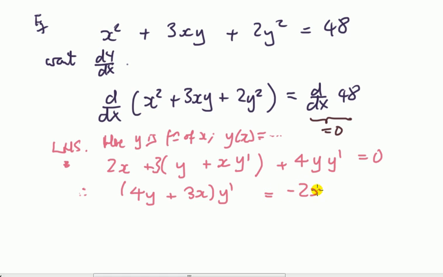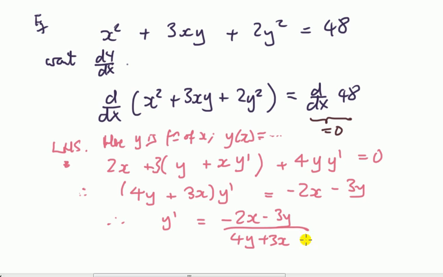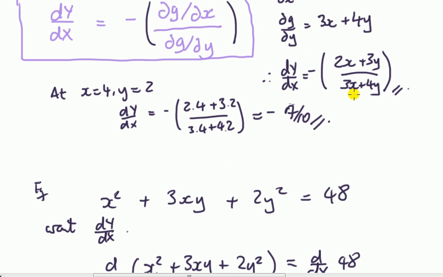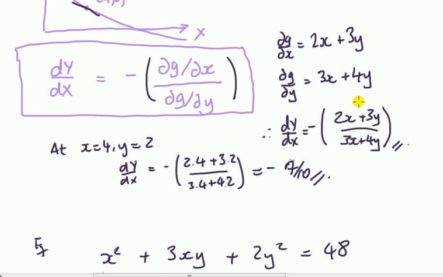So we've got minus 2x. Minus 3y, take that to the other side, minus 3y. And therefore, y prime is equal to minus 2x minus 3y all over 4y plus 3x. And isn't that the same as what we got previously? Yes. It's the same.